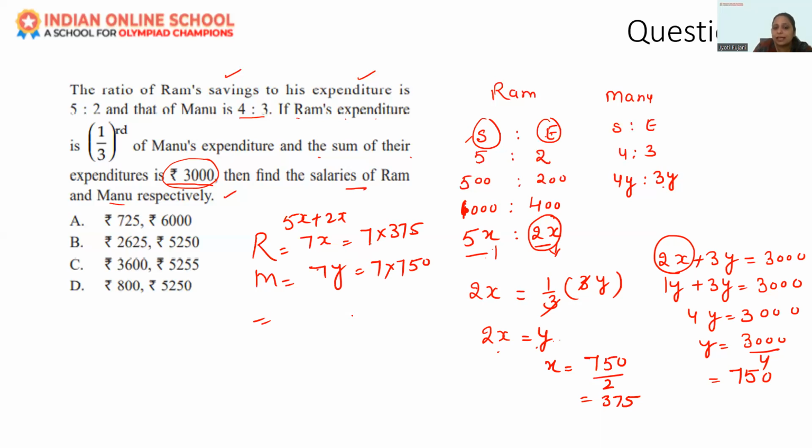When I multiply, 7 fives are 35, 7 sevens are 49 and 3 is 52, 7 threes are 21 and 5 is 26. So that's 2625. And Manu is, when you multiply 750 by 7, you get 5250, the salary of Manu. So 2625 and 5250, option B will be your answer. Got it? Let's move to the next question now.